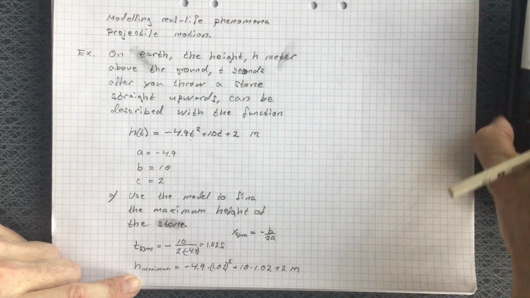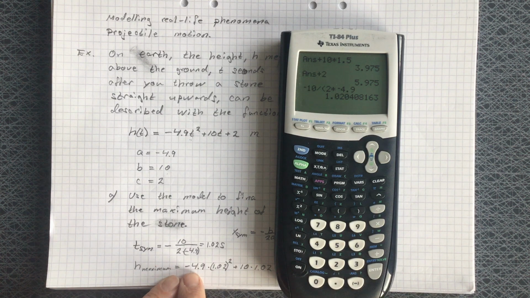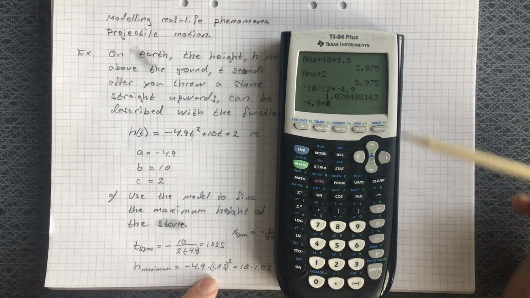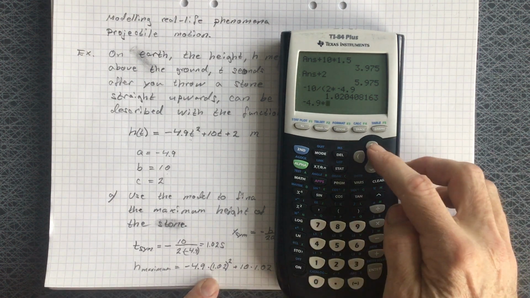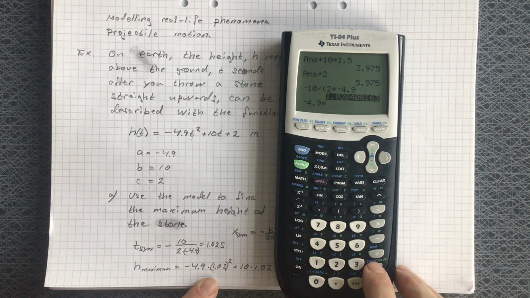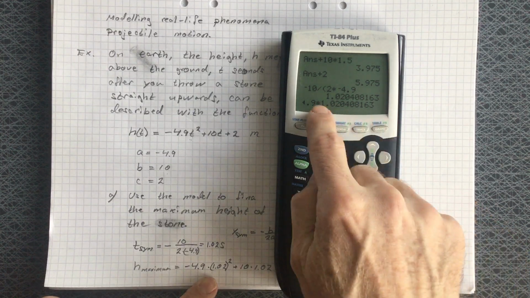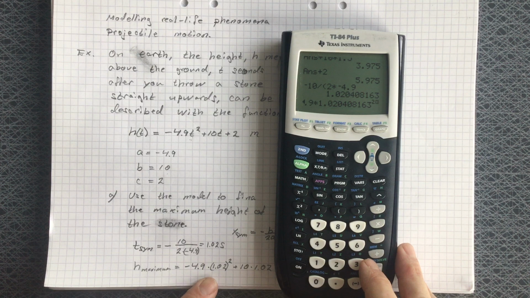So I use my calculator to find out what it is. Negative 4.9. I multiply it with 1.02, but I'm not supposed to round it off now. You see, there are many decimals. So instead, I take the arrow, I mark this, and I press enter. Then I got all the decimals, and then I take it to the power of 2.